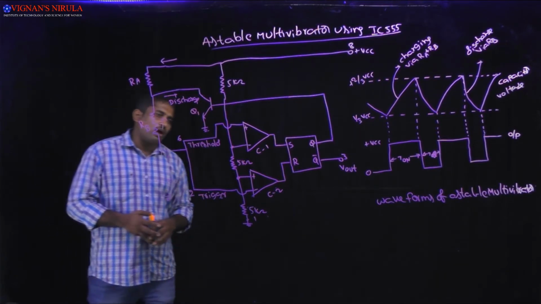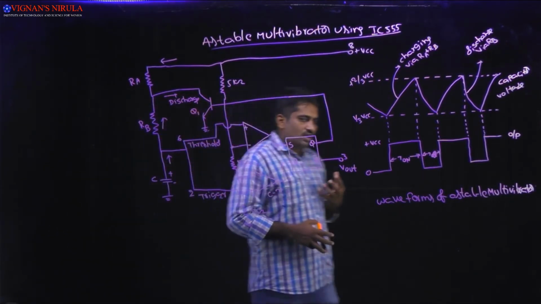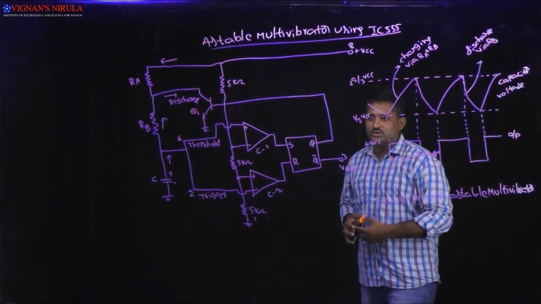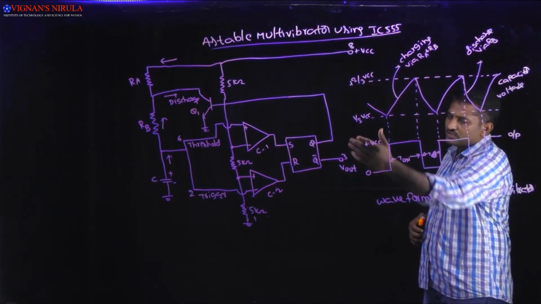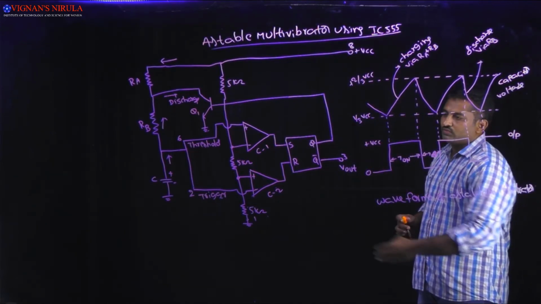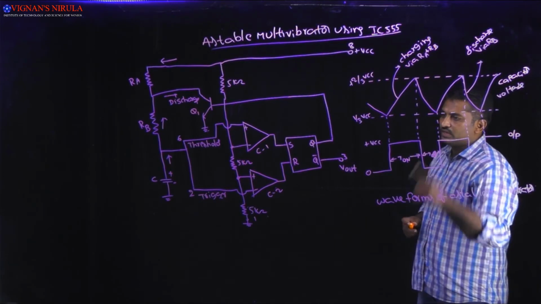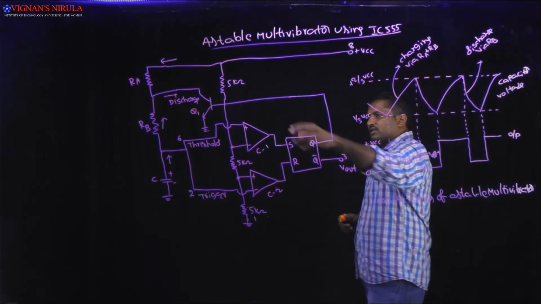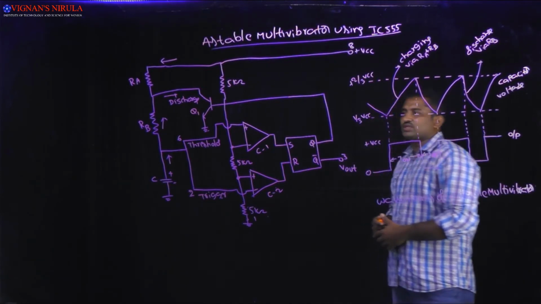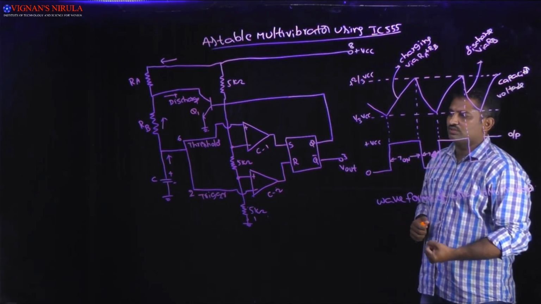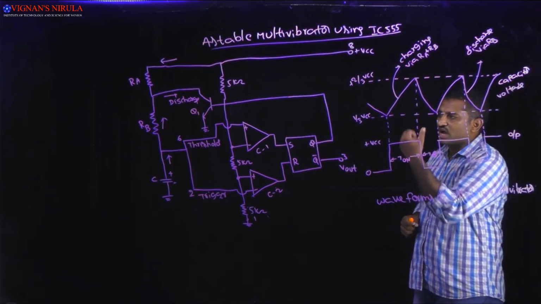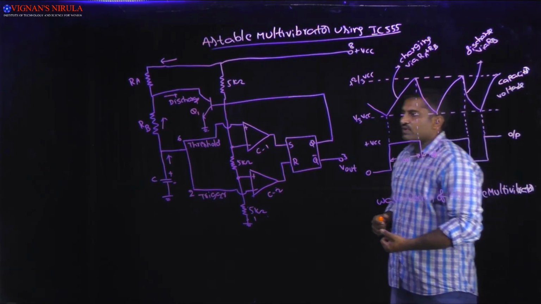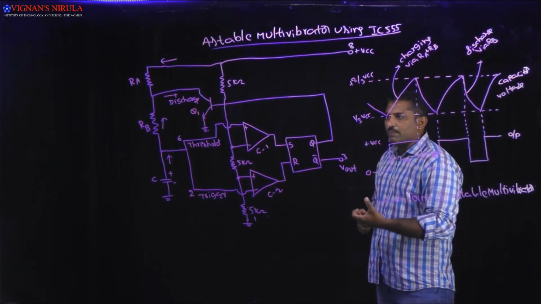Okay, now for understanding the operation of this circuit, first I am assuming the output of the flip-flop Q will be high. So if the flip-flop output is high, then it drives the transistor Q1 into saturation. Then it discharges the capacitor. What happened when it discharges the capacitor?